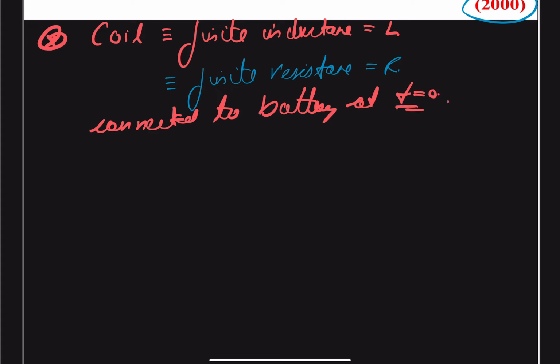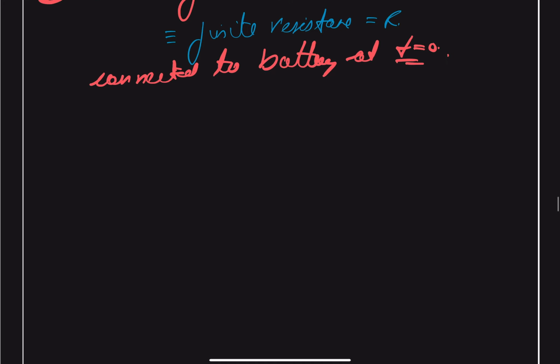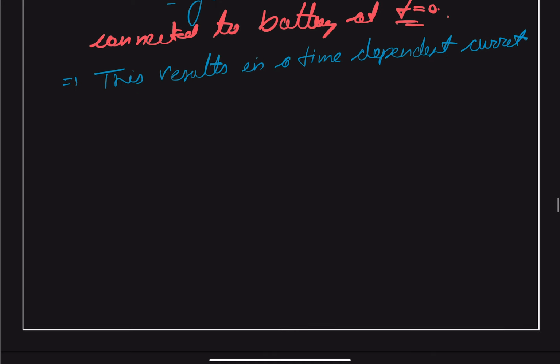Therefore, there will be a time dependent current which is given as I1 of t in the coil.